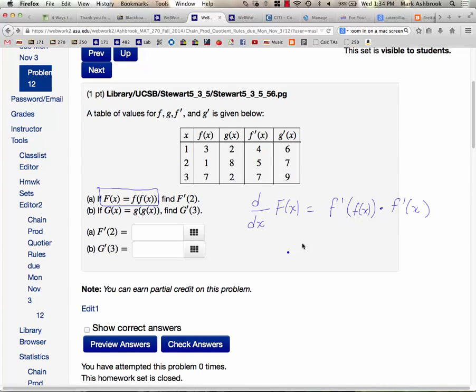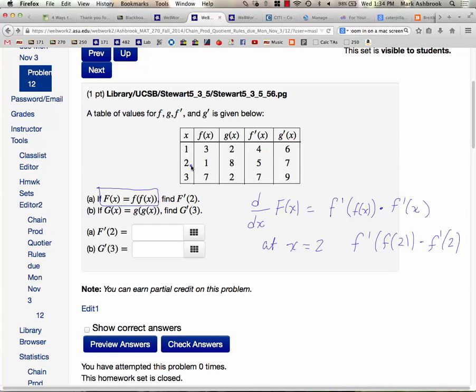So now if we want this at x equals 2, it's going to be the rate of change of f when x is f of 2, and then times the rate of change of f at 2. So now we need to really know our function notation. We've worked hard on that this semester. We'll start with f of 2. What is f of 2?